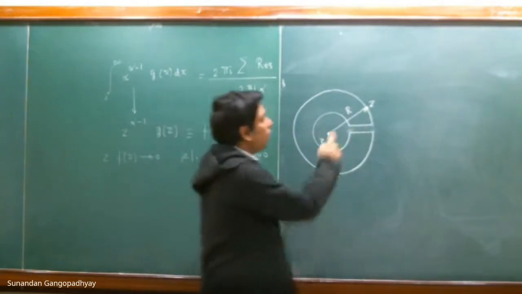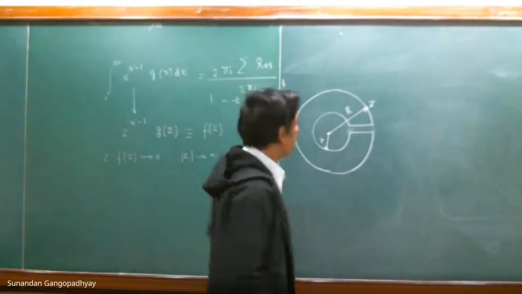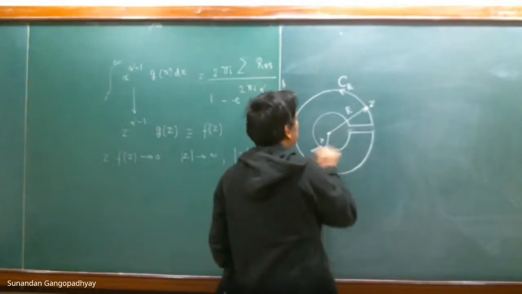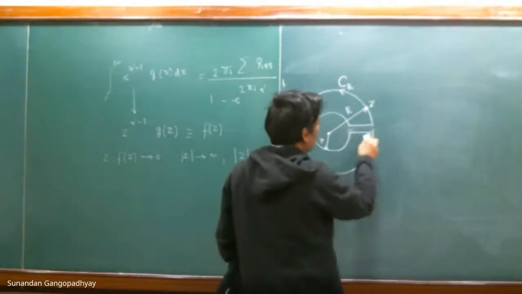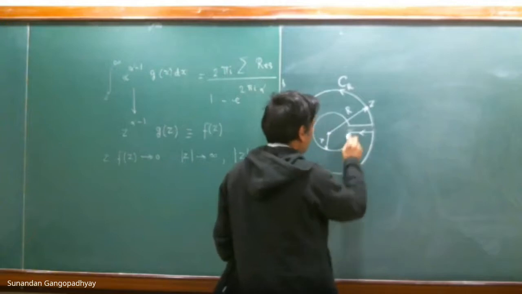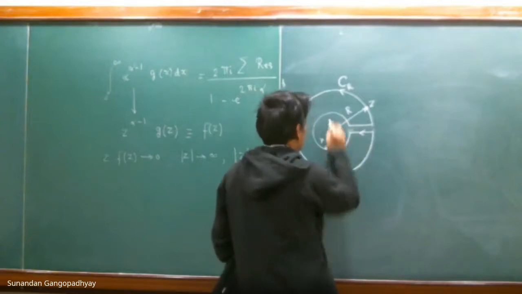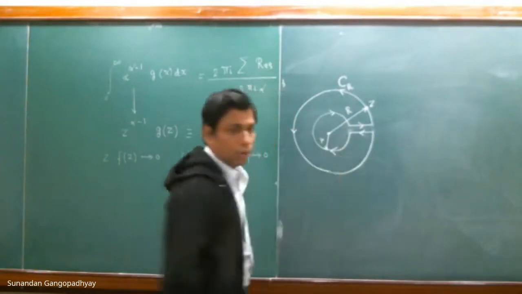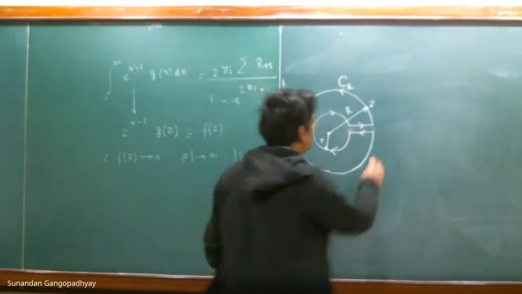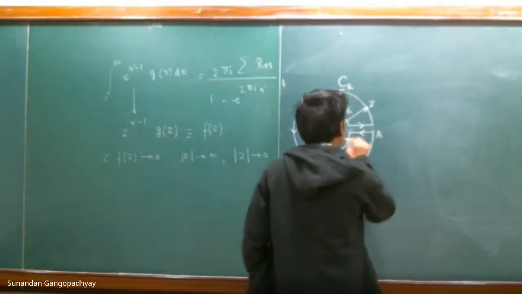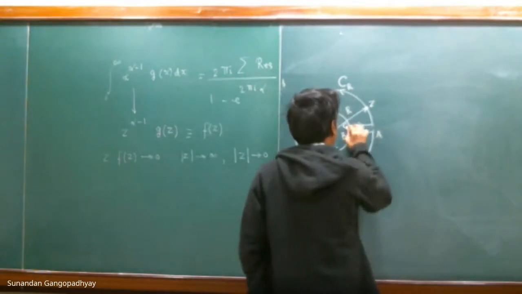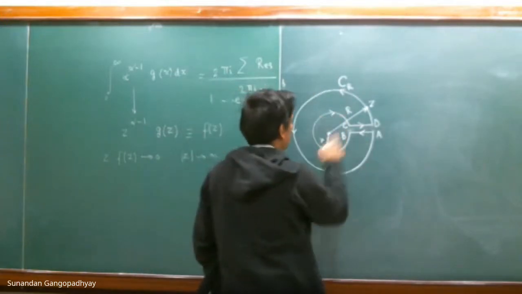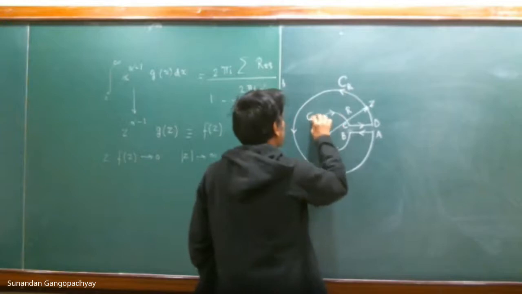Let me call this outer contour C_R. We are going like this, then coming like this, then going like this, then coming out like this. So this is your full contour. Let me label these points: this is A, this is B, this is C, this is D. And this smaller circle, let me call it C_r.